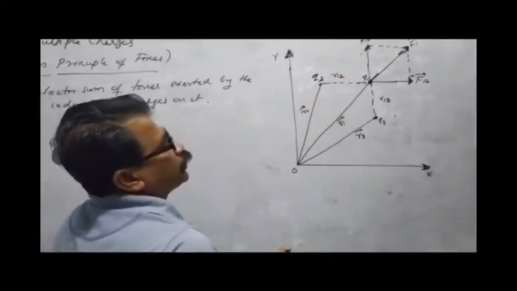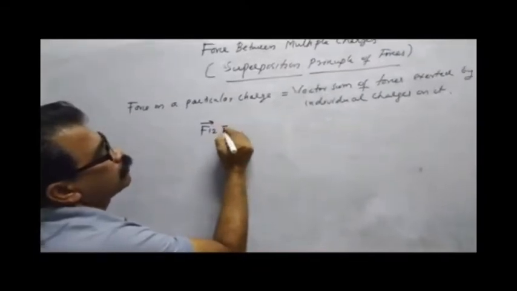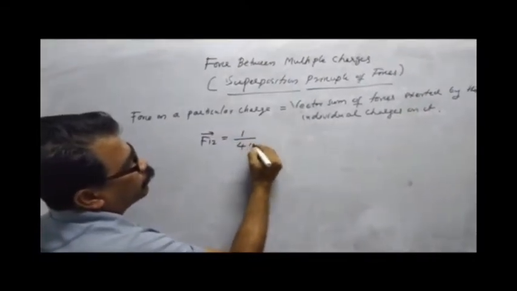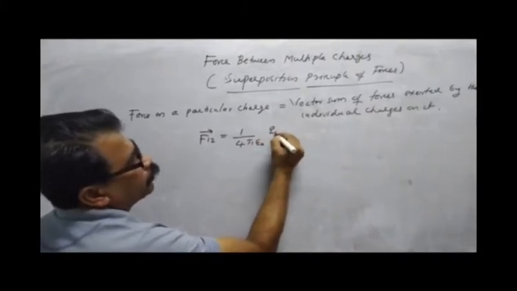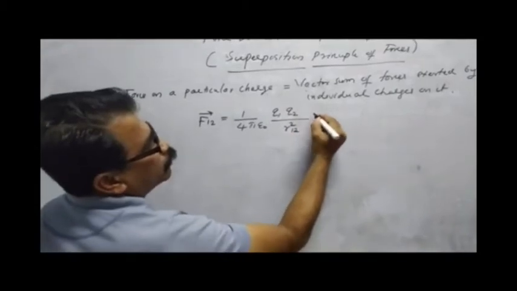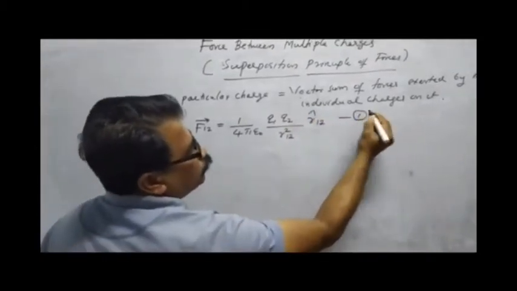Very simple. That is F12, the force on q1 by the charge q2, equals 1 by 4 pi epsilon 0 q1 q2 by r12 squared into r12 cap. This is equation number 1.